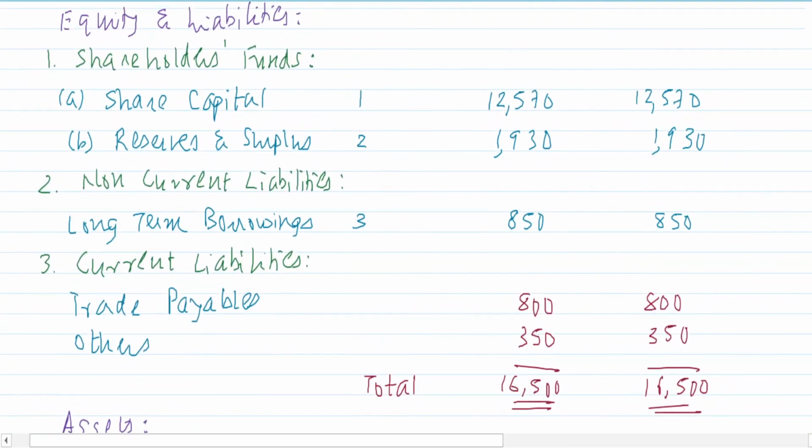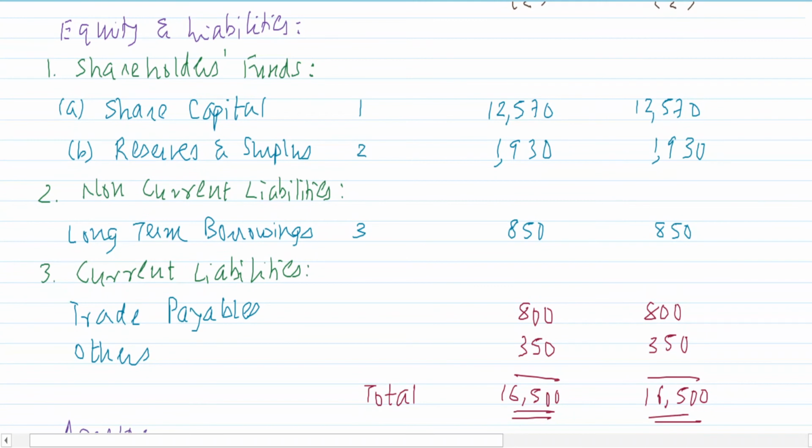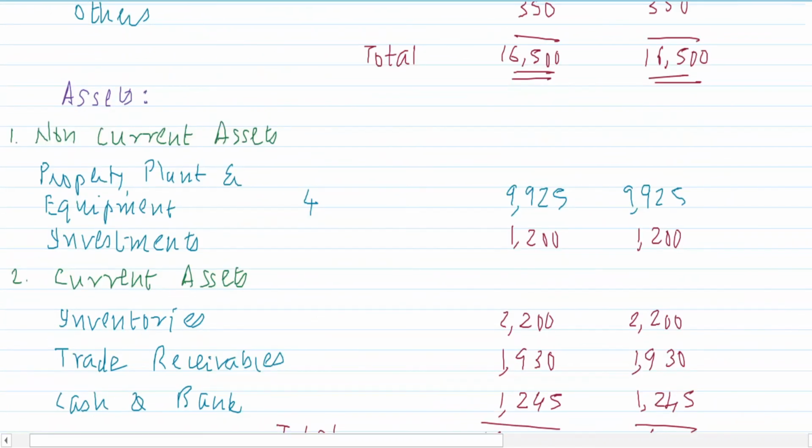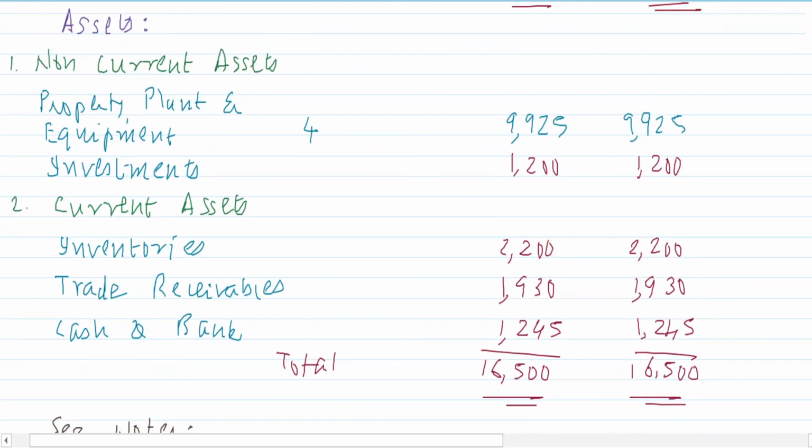This is the liability, equity and liabilities. In case anything is left for you to write, pause the video here for equity and liabilities. And in case something is left to be written for the assets, then you can pause the video here. These are your assets.